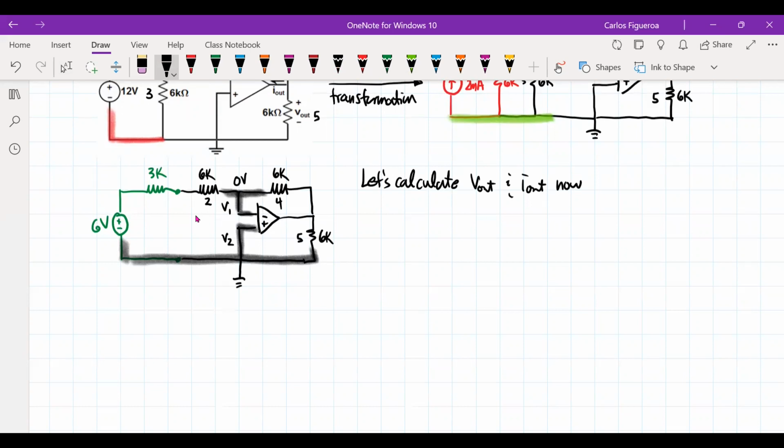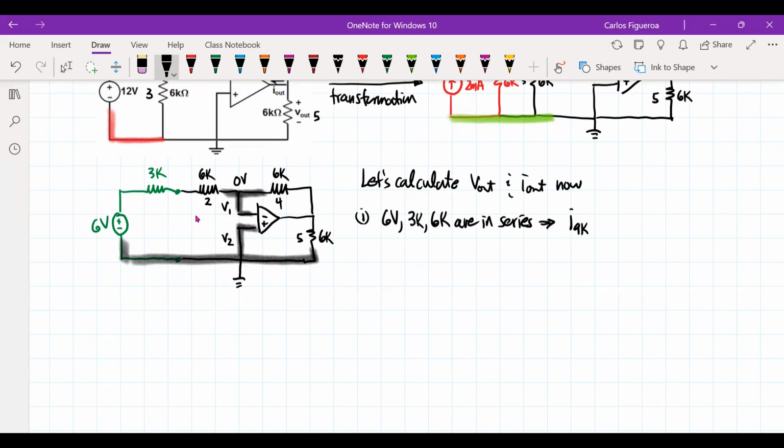Looking at this process, the first thing that I see here is that the 6 volt, the 3K, and the 6K are in series. So that means I have a 9K that I can calculate.